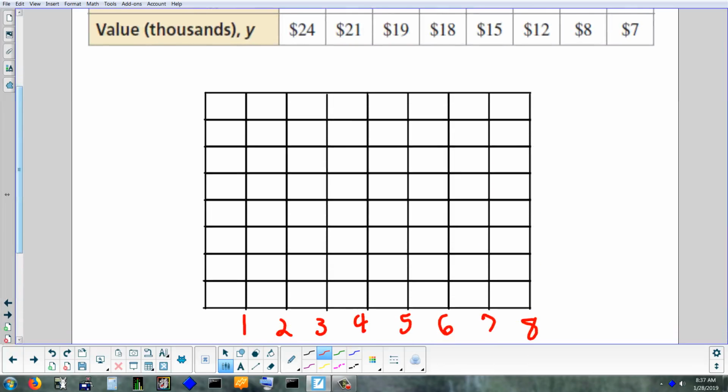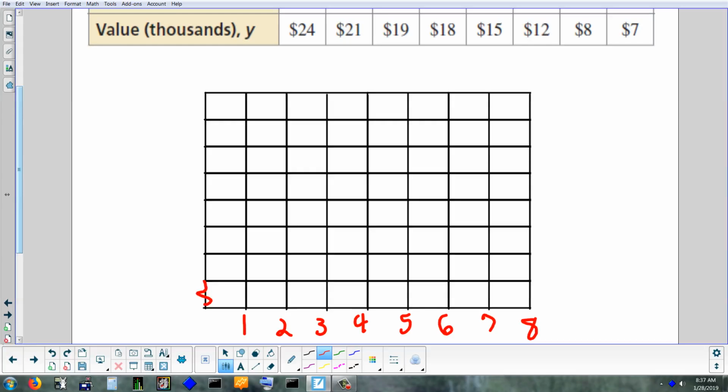But a 2006 car is not going to be worth as much money as it was in 2006. With this data, I can't label it the same way. I can't go by ones. I'm probably going to have to use that little squiggly thing to skip some numbers.